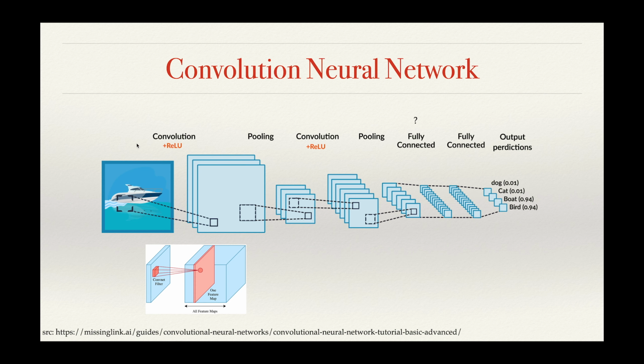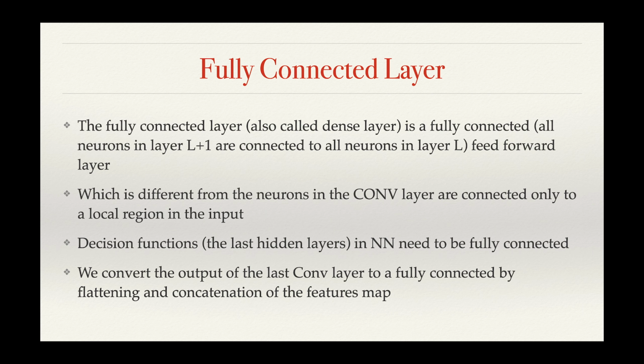So now we learned about the convolution and pooling, and what is next is the fully connected layer. In a neural network, in order to make the final decision, we need to flatten, which means we need to vectorize our matrices, because the softmax that we have seen before, which is part of the feed-forward neural network, needs vectors in order to build the classifier decision function and then decide: is it a dog, cat, bot, or bird.